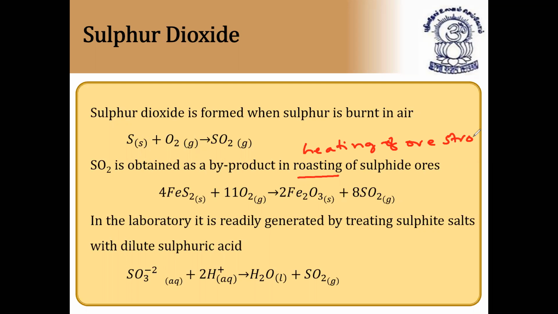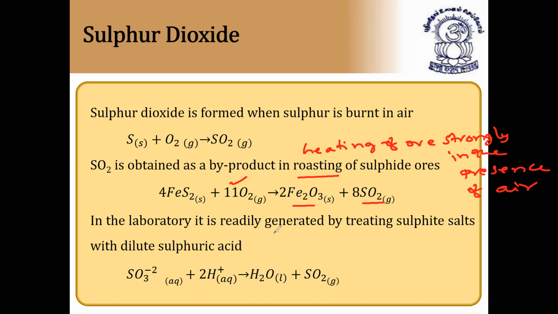To convert sulfide ores to their oxides, we do roasting. So the formation of sulfur dioxide takes place as a byproduct.